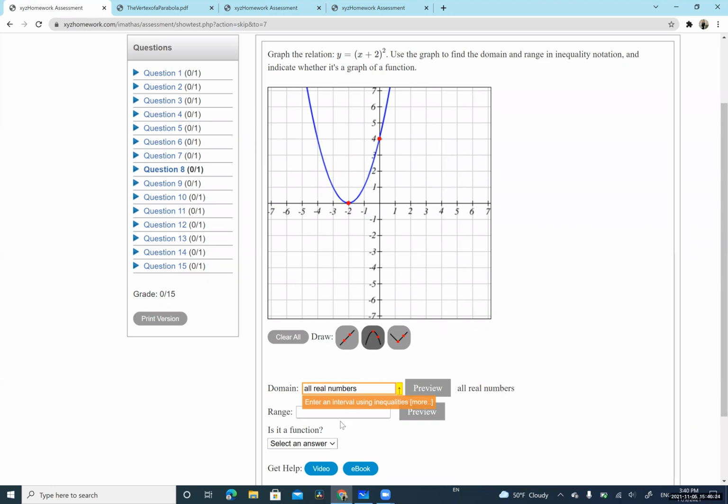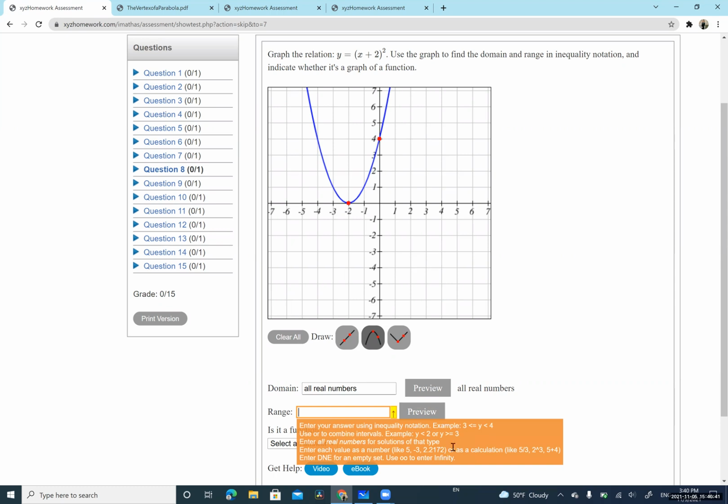Okay, and they will accept this answer. How about the range? Remember that they ask you to enter an interval using inequality, so they ask you to put the inequality, not the interval notation. So watch out for that.